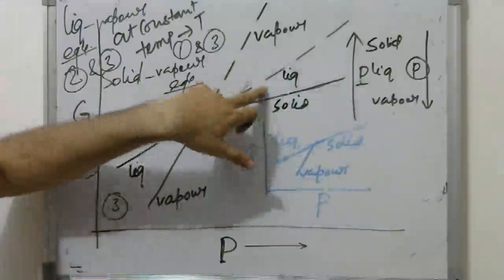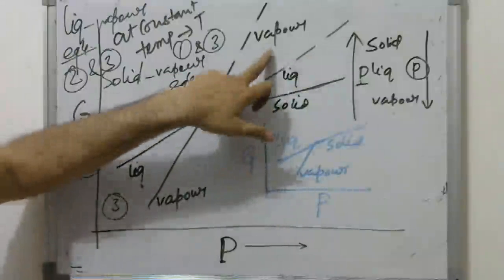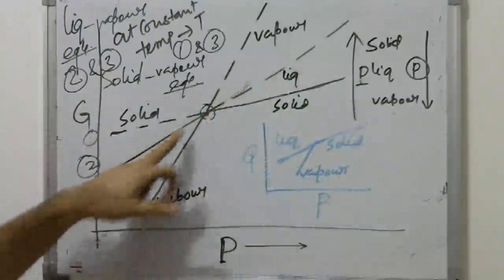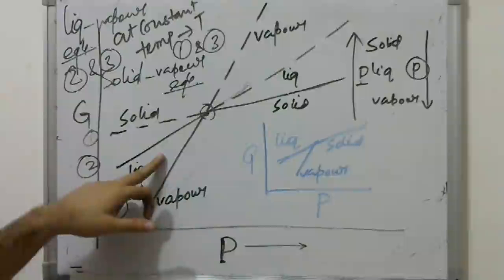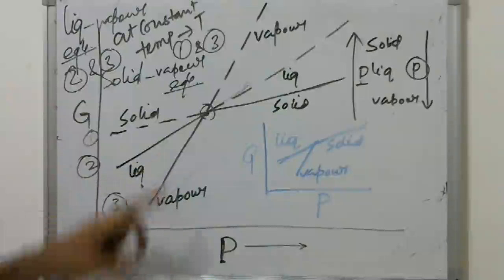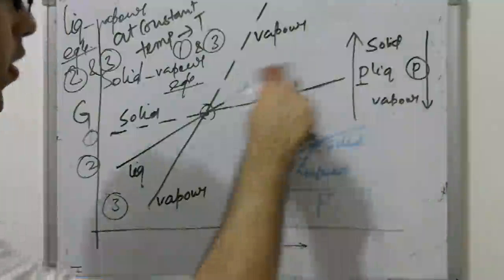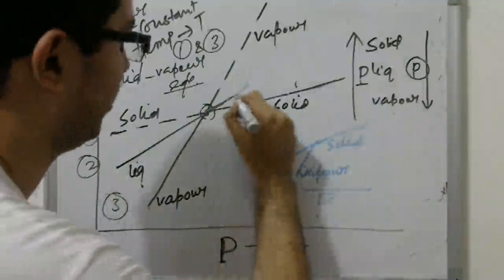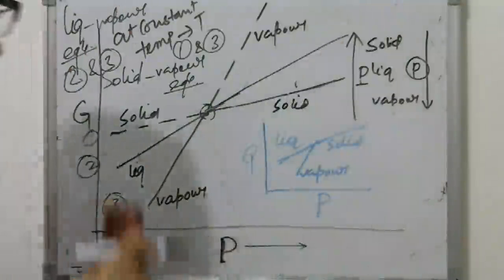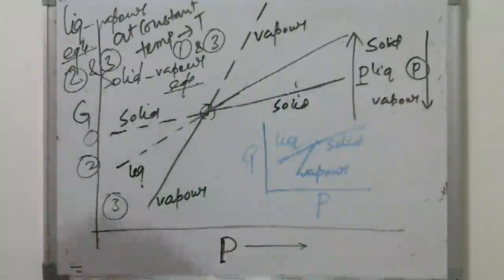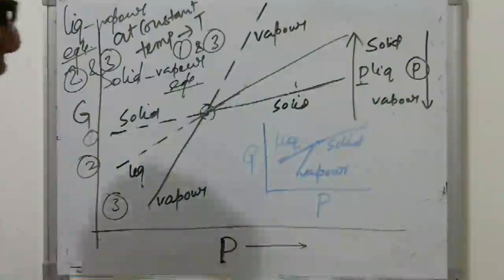So this phase will exist, vapor won't exist. So this will be a solid line there, and this will be a dotted line there. Understood? So there will be a minor change here. This will be a solid line, and this will be a broken line.